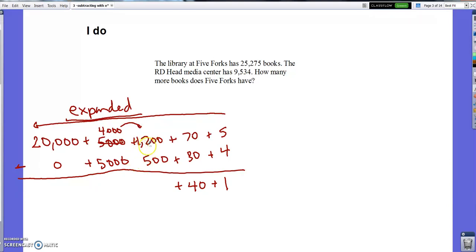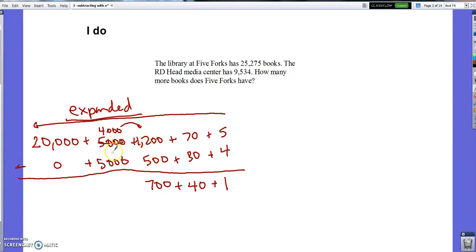So now I've got 12 hundreds in my hundreds place. I took 1,000 and made it into 10 hundreds so that I could subtract my hundreds here. So now I can do 1,200 minus 500. I can do that, and make 700. So we regroup in the opposite direction when we subtract.